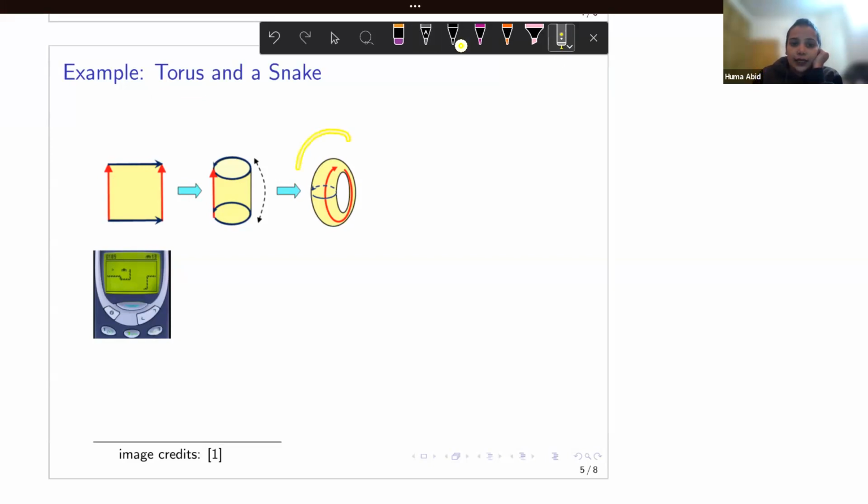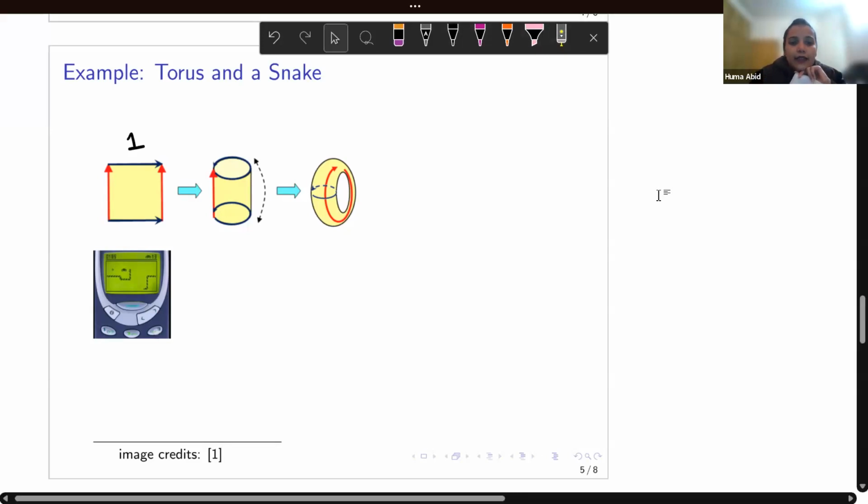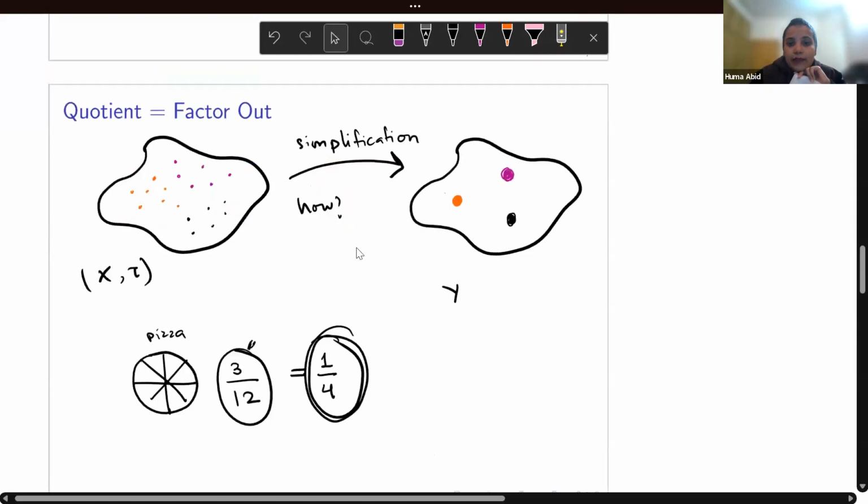You can see this torus as a quotient space. How? Look at this structure first. You start with a rectangle or a square, something like a sheet of paper. And what you do is you first identify, you glue together. Remember we identified points when I was explaining factoring out.